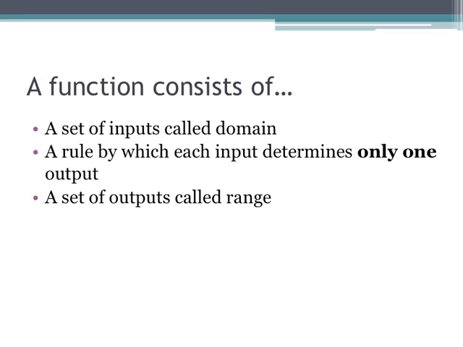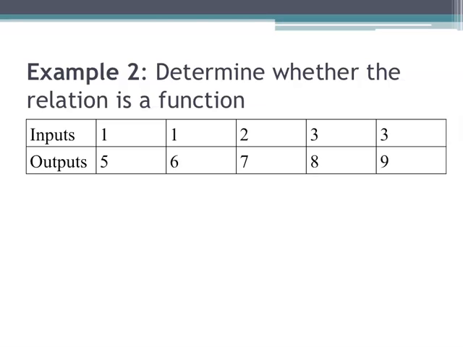All right, let's look at example 2. Determine whether the relation is a function. Okay, so taking a look at this, we see the inputs in the first row and the outputs in the second row. Is this a function or not? Remember, for a function, for every x value, there's only one y value. In this case, we have 1, 5 and 1, 6.